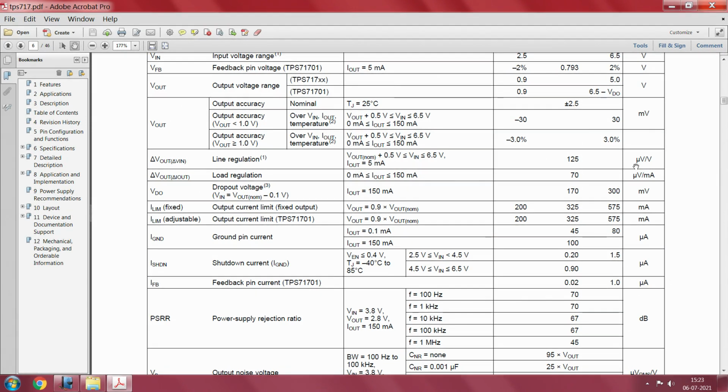It will be whatever V out minus 125 microvolts, provided the input has dropped by 1 volt. Similarly, as far as load regulation is concerned, for every 1 milliampere increase in the load current, the voltage at the output will change by 70 microvolts, 70 microvolts per milliampere, okay.